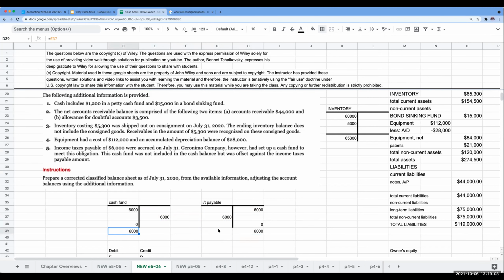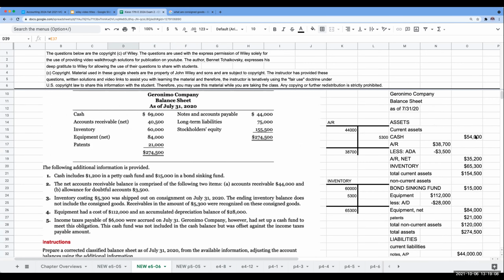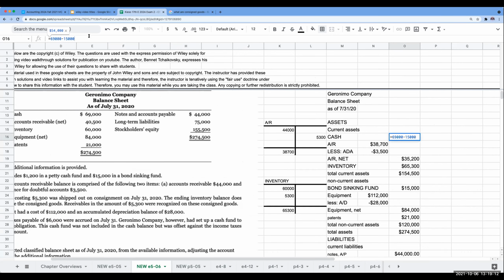I'm going to increase my cash balance by 6 grand. So up here, instead of being 54,000, right, I'm going to add in another 6 grand.